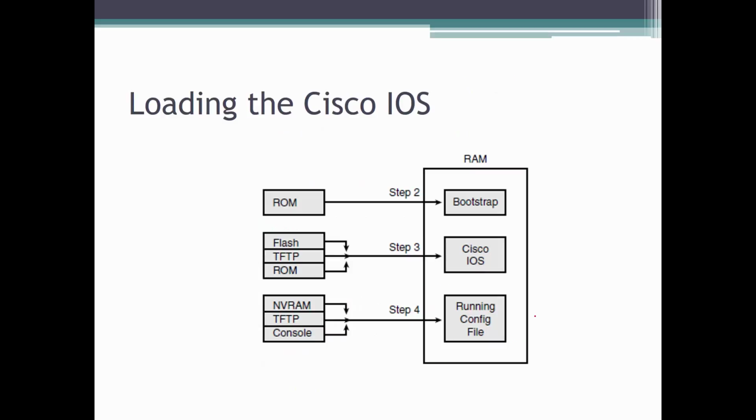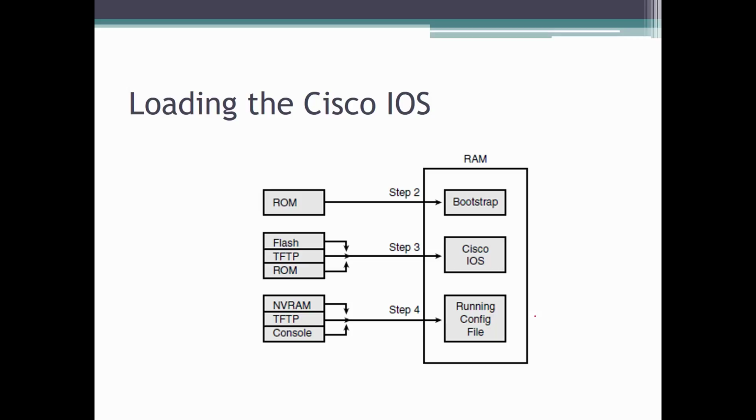Next, how do we actually start our router? This is the important one. First, POST. It has to go through a power-on self-test. Next, the bootstrap will be loaded from ROM into memory. Then, step 3, it will load the Cisco IOS from different areas, depending. It could be from Flash, from TFTP, from ROM.